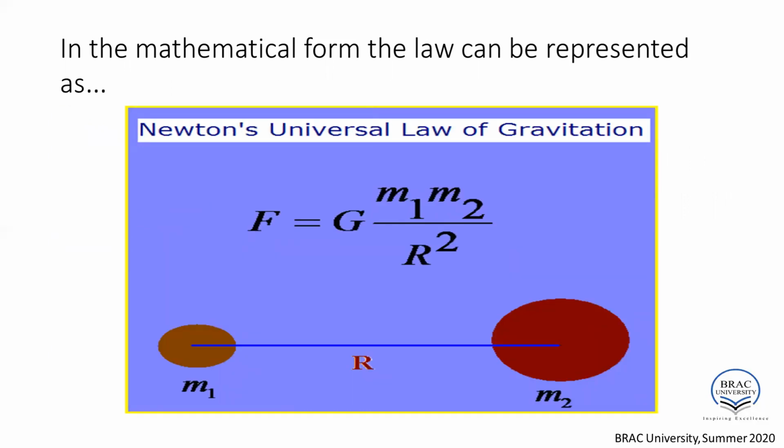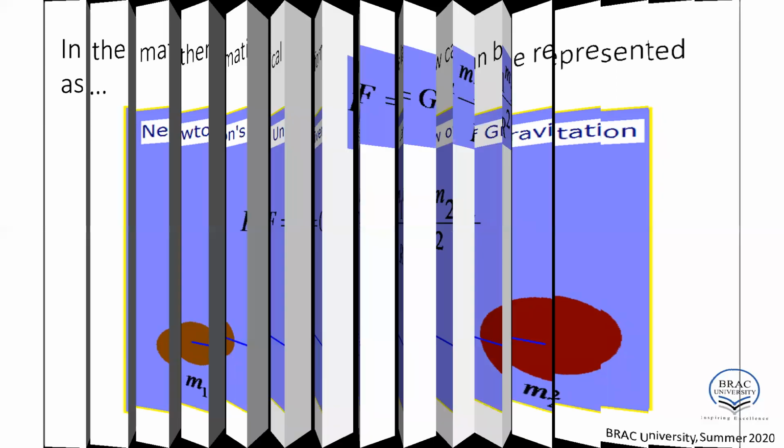F equals G m1 m2 divided by r squared. Here G is the universal gravitational constant. The figure shows two objects with masses m1 and m2 separated by a distance r. Then there will be a force between these two masses. This is F equals G m1 m2 divided by r squared.